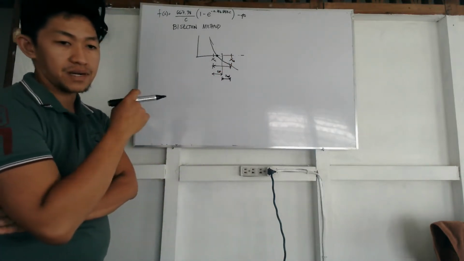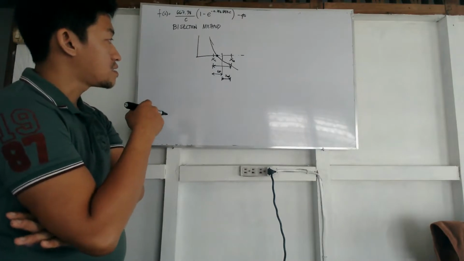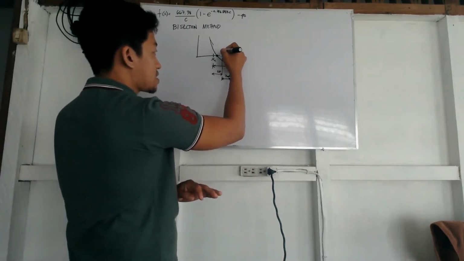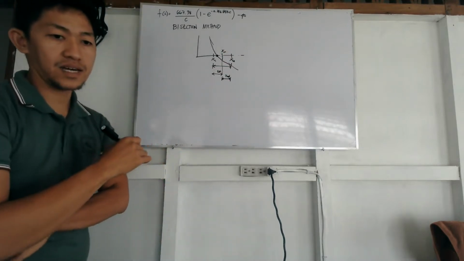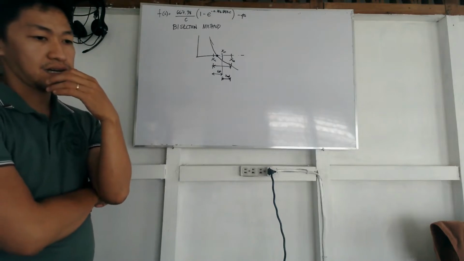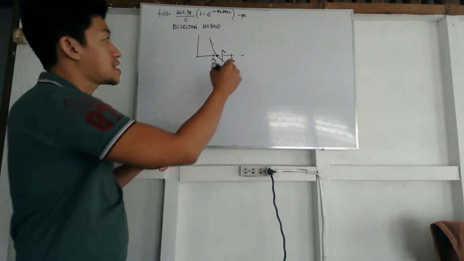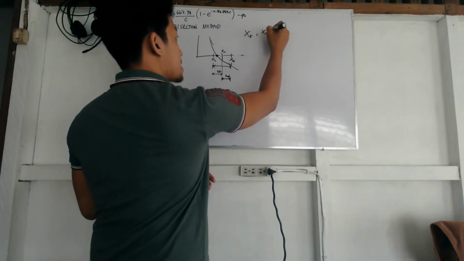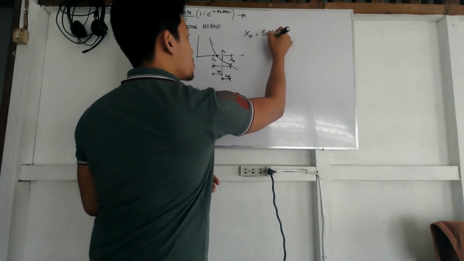Lower bound and upper bound. So you have three values. The value in the middle will be your XR. XR will be XL plus XU over 2.